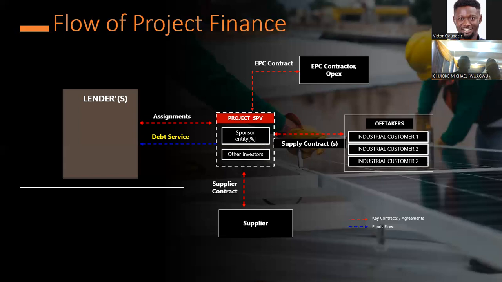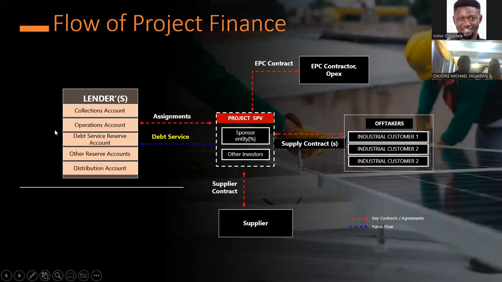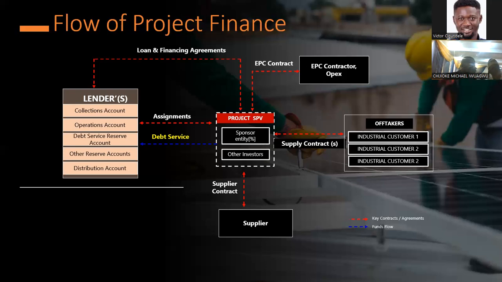This also safeguards the lenders. Maybe in case the project fails to complete its construction, they can always take back their money. So we have different accounts that we use. We call them the collection account, which is the account the lender will transfer the money to, the operations account, and the debt service reserve account. This is very, very important, right? And some other reserve accounts. Then they also sign the necessary financing agreement.